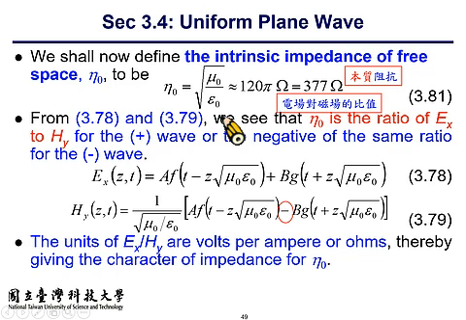Intrinsic impedance is translated as 本质阻抗 in Chinese. In electromagnetics, there are 2 most fundamental impedances that you may come up with. One is the intrinsic impedance, the other is the so-called characteristic impedance.